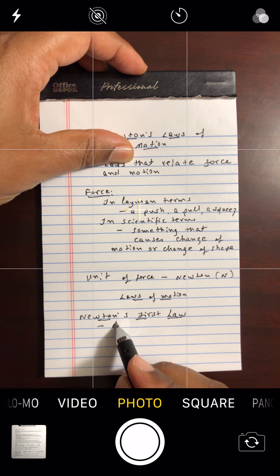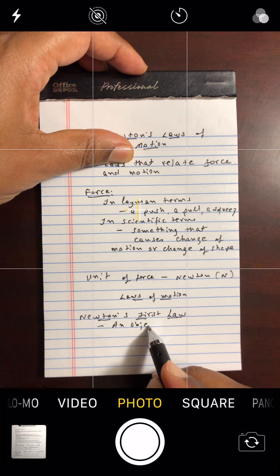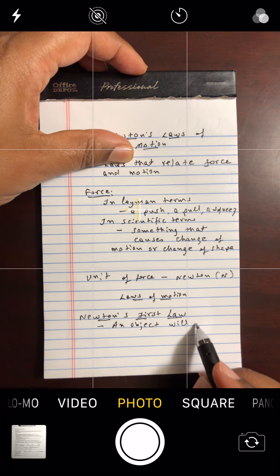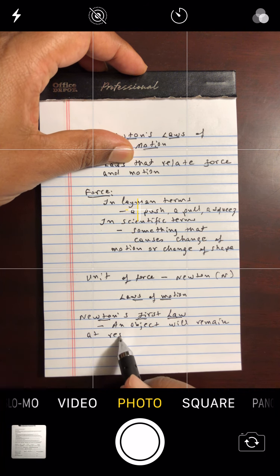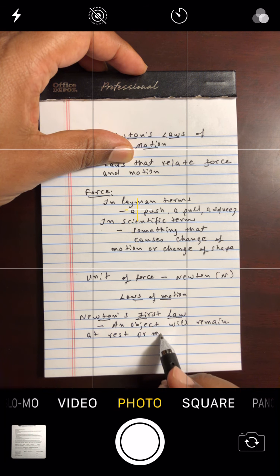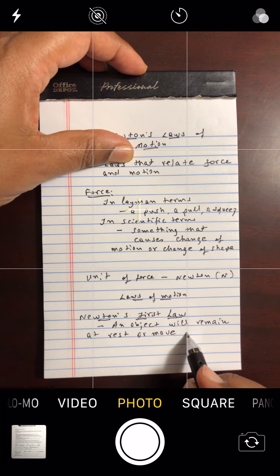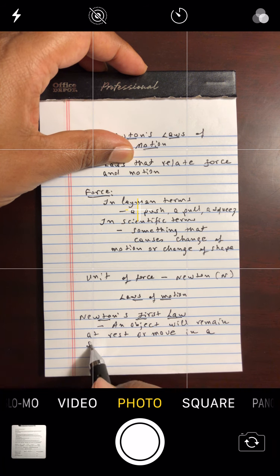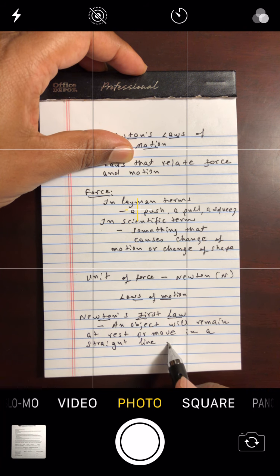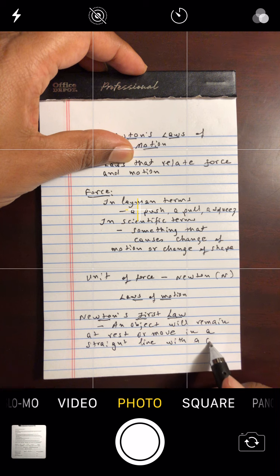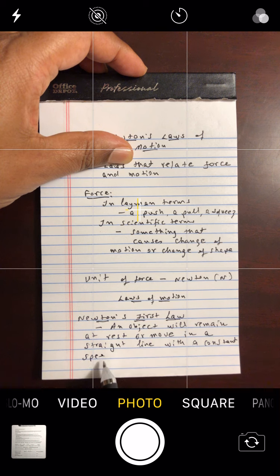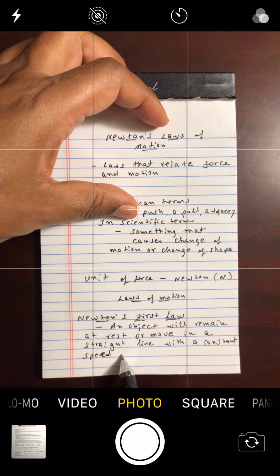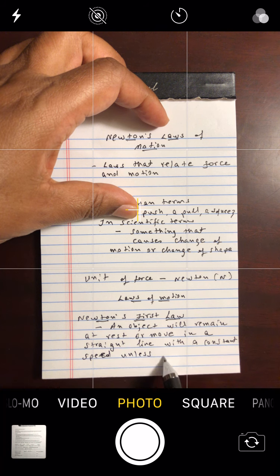So this law says that an object will remain at rest, or move in a straight line with a constant speed unless acted upon by a net force.